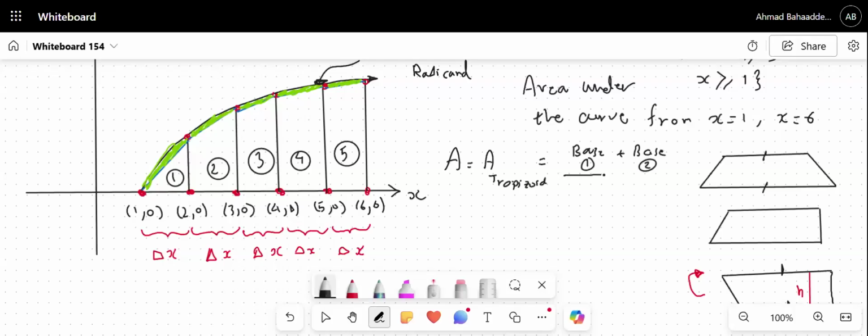You take the average of these two, base 1 plus base 2 divided by 2. That's it. And then you multiply all of it by delta x, which is the height. So that's generally the area of the trapezoid.